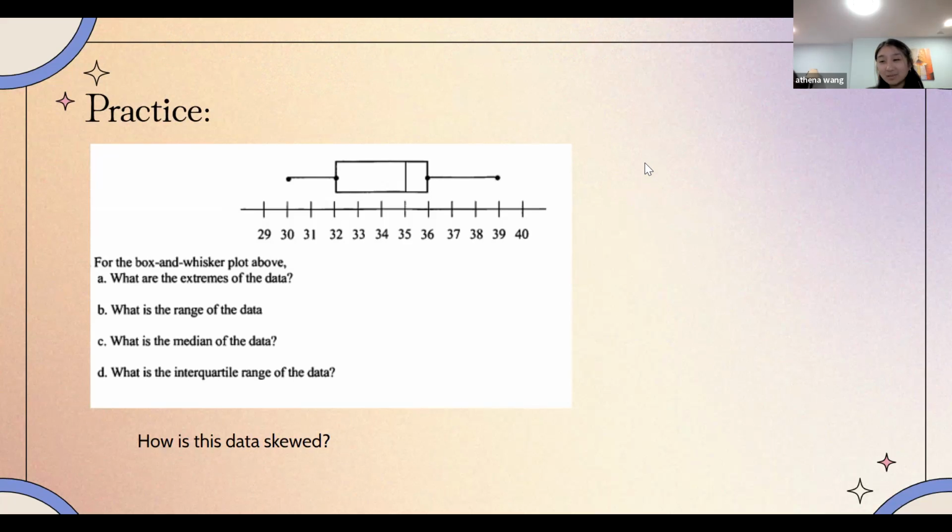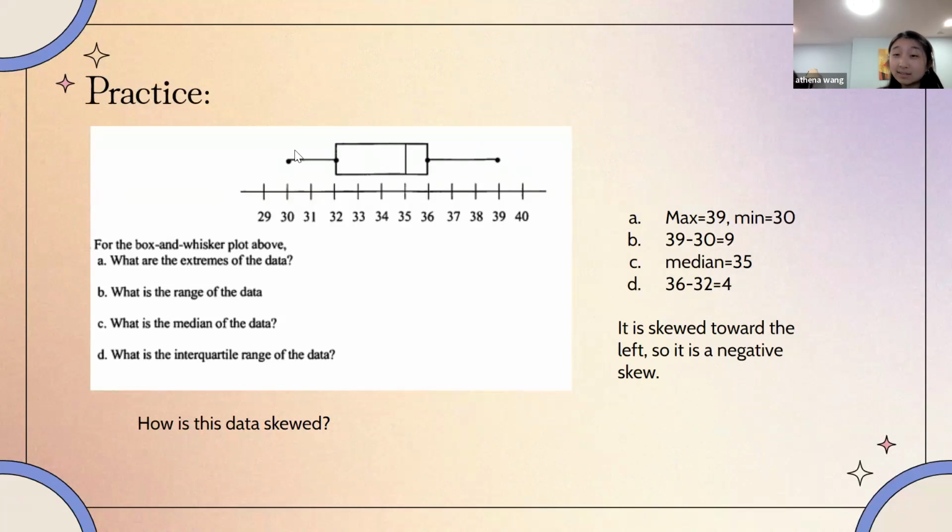Okay, perfect. I did not give you a lot of time on this, but we are running a little short on time, so I will continue. Okay, so the extremes of this data you can find by the very end points, that's 39 and 30. And then we have that the range is 39 minus 30, which is 9.